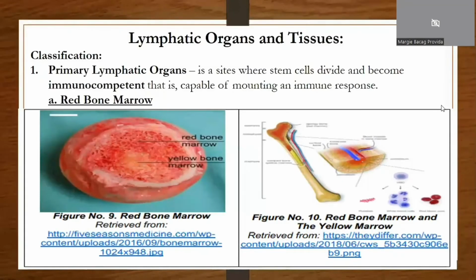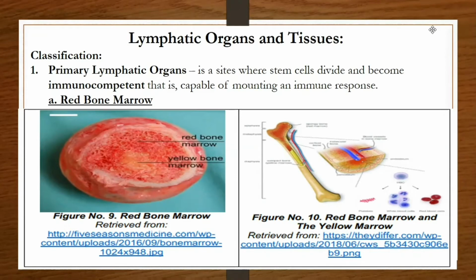Thank you. I am Margie Provida, reporter about lymphatic organs and tissue. The lymphatic organs can be classified as primary and secondary. Primary lymphatic organs are sites where stem cells divide and become immunocompetent, that is, capable of mounting an immune response.